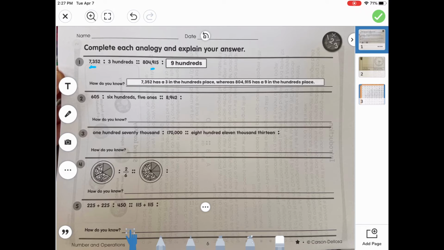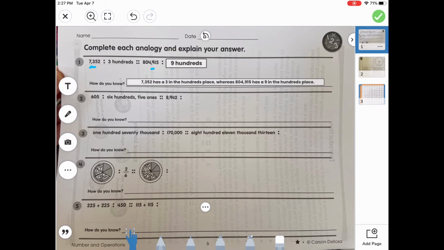All right, let's go over the answers to the rest of these problems. 605 is to 6 hundredths, 5 ones, as 8,942 is to, I'm going to list out all of the values in each place for this problem, because looking at the number 605, it had 6 hundreds, no tens, and 5 ones.